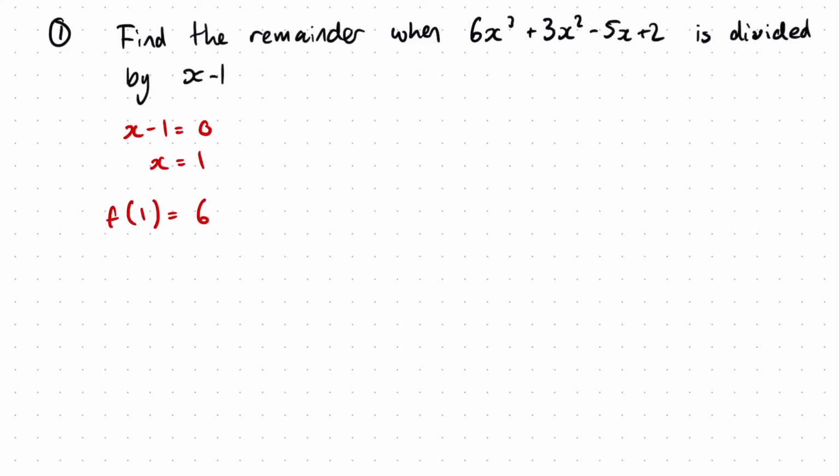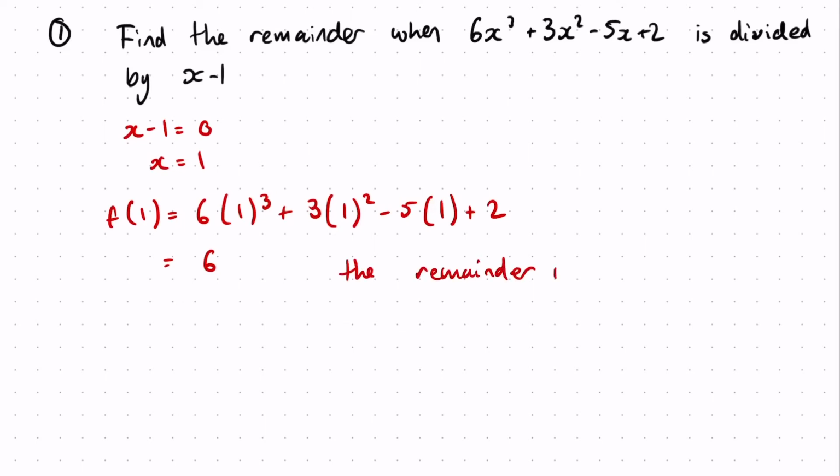So that is 6 lots of 1 cubed, plus 3 lots of 1 squared, minus 5 lots of 1 plus 2, which is 6. So the remainder is 6. Okay, that's it.